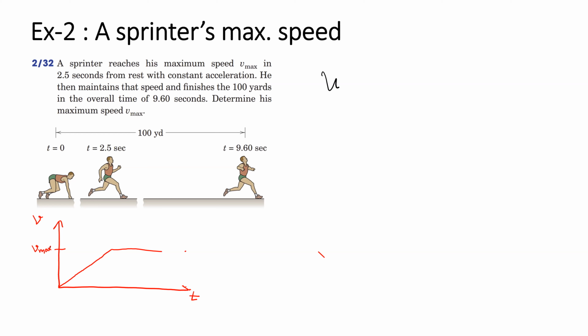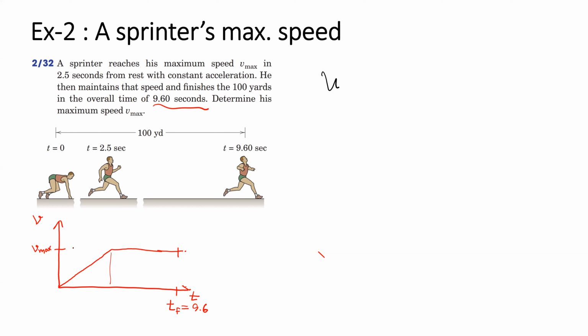He goes to his max speed and continues until reaching the final time at the target of the track. And at that final time, we know that T final is equal to 9.6 seconds.